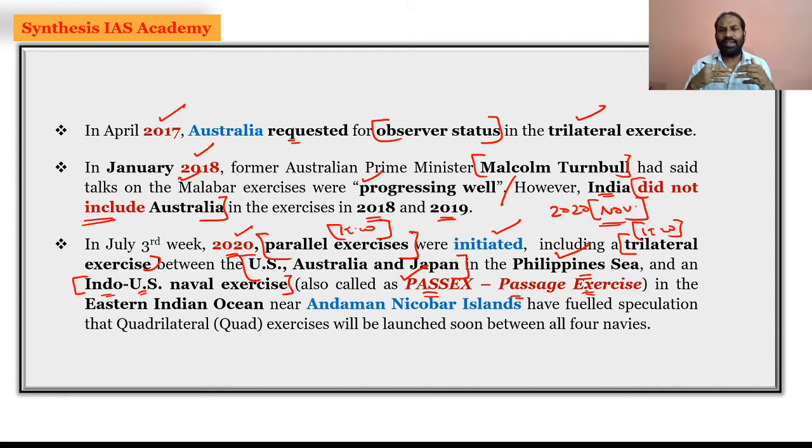In the passage there was an exercise in the Eastern Indian Ocean near the Andaman and Nicobar Islands, and that has fueled speculation about a quadrilateral exercise to be launched soon, after all four navies come together, probably in November 2020, the Malabar exercise or quadrilateral exercise.